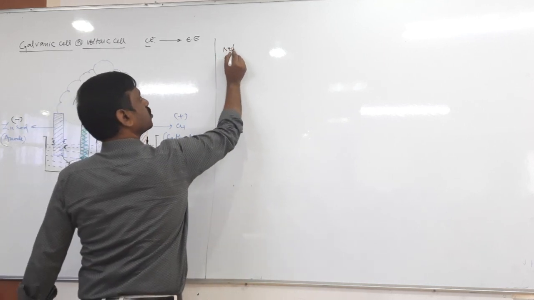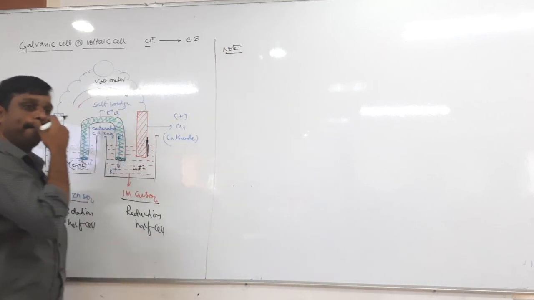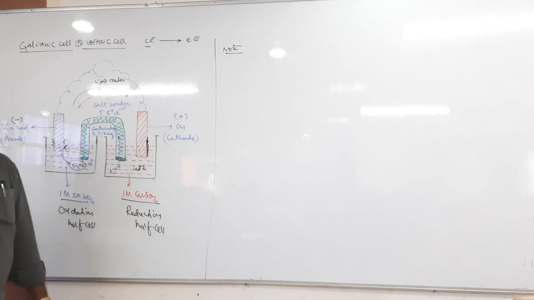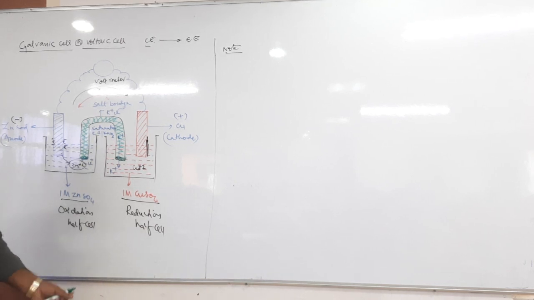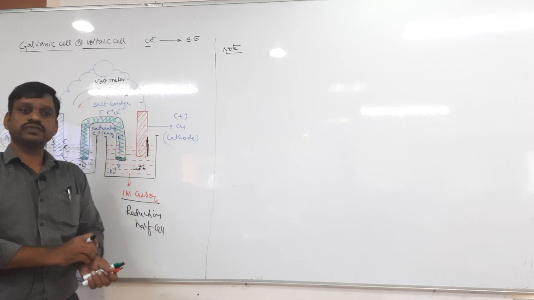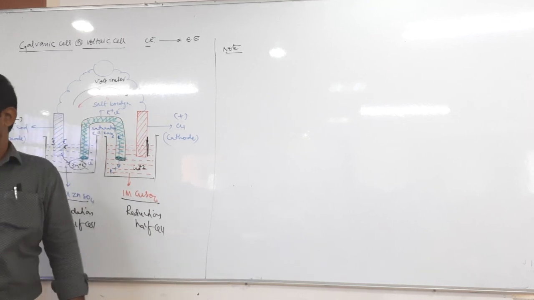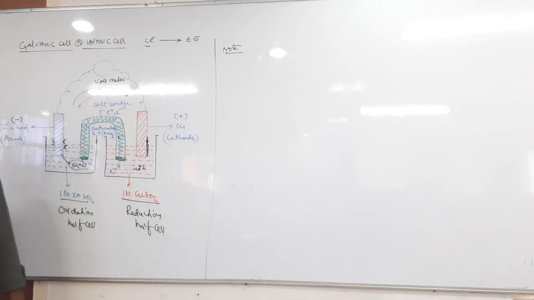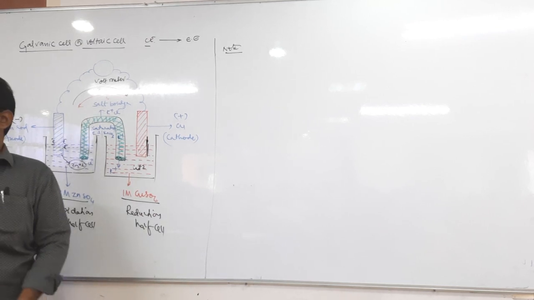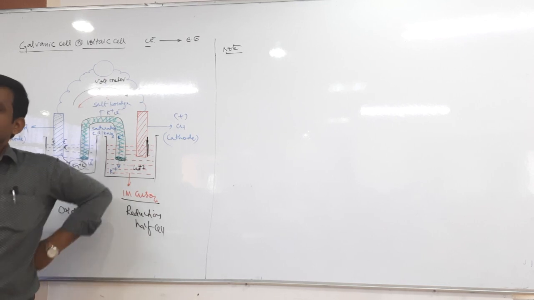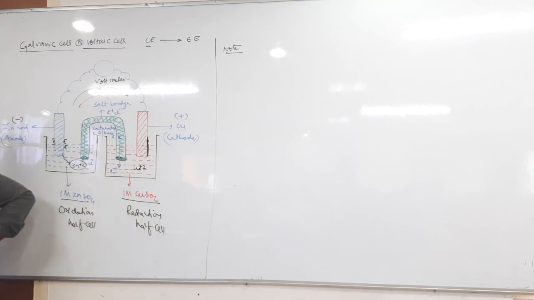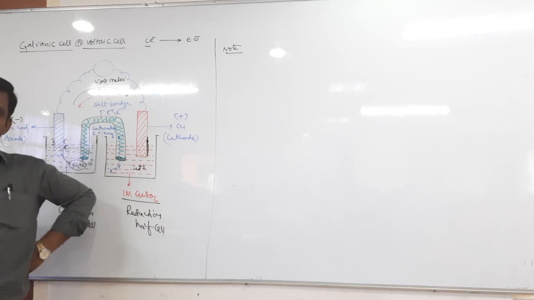Next, functions of salt bridge. One, it completes the circuit internally. Two, it prevents the formation of liquid junction potential.